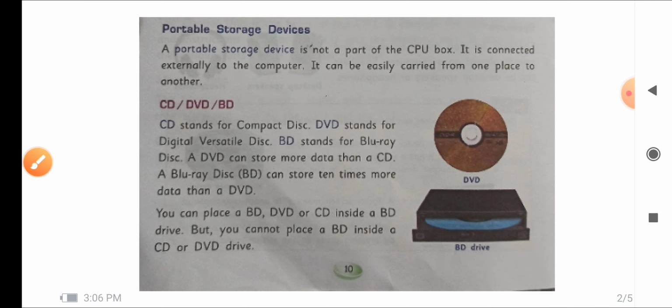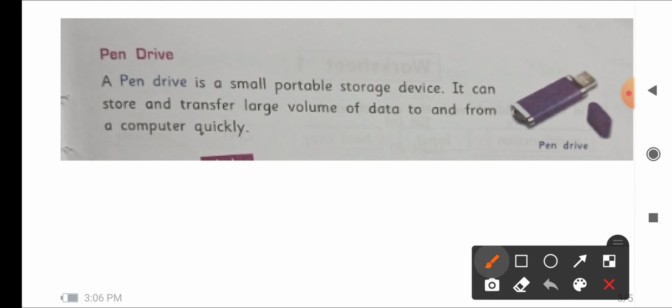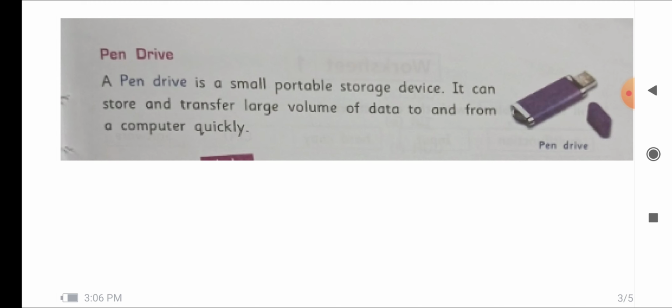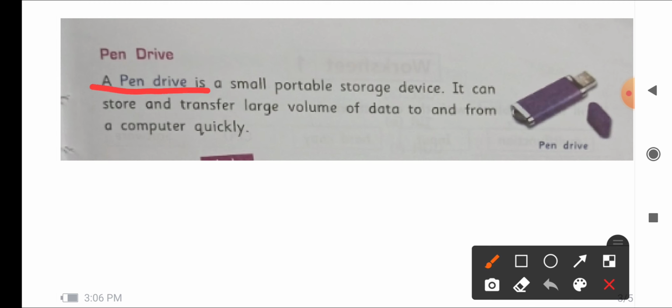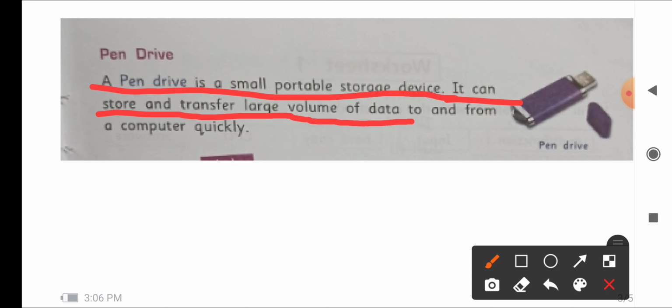Got it? Now next is the pen drive. All of you are familiar with the pen drive. A pen drive is a small portable storage device. It can store and transfer large volumes of data to and from a computer quickly.